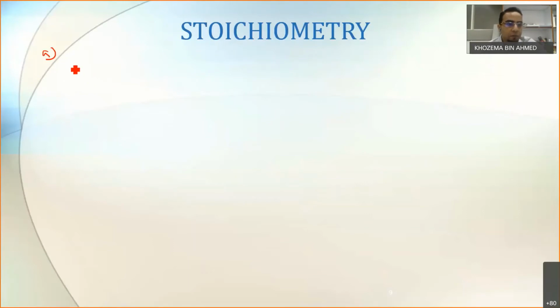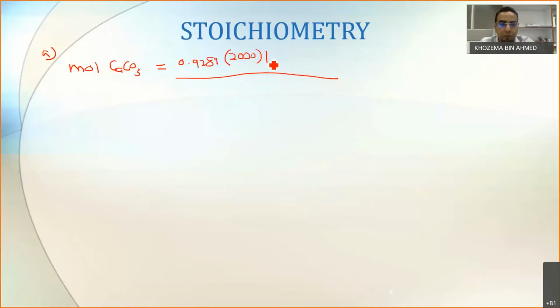So we want to find the mole of calcium carbonate. It is equal to, we know that our composition of calcium carbonate is 0.9289, right? And our total feed is 2000 pounds.